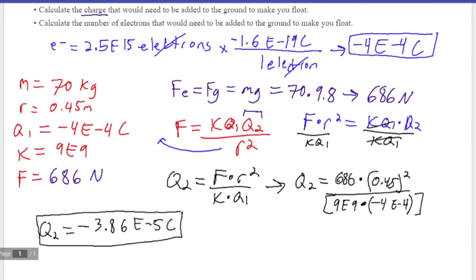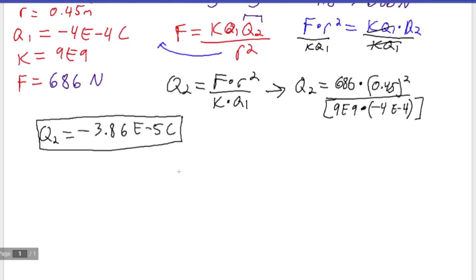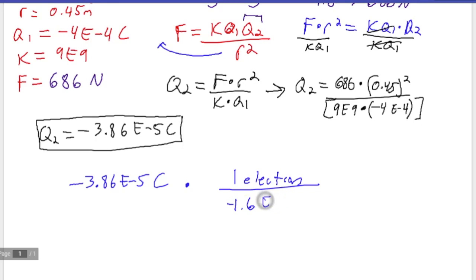Last thing we want to figure out is the number of electrons that we need to add to the ground now. Well, this is actually kind of working backwards from our first problem. So we have -3.86 e to the -5th coulombs of electrons, and we know that one electron has a charge of -1.6 e to the -19th coulombs.